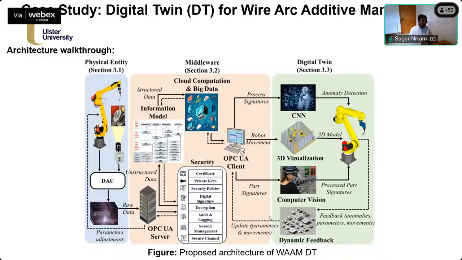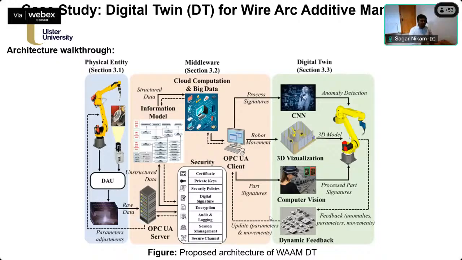In the physical entity layer, a robotic WAM setup is equipped with sensors and a data acquisition unit. The data acquisition unit can be vision sensors like a camera, or a thermocouple, an air camera, etc. This helps collect raw data, including arc characteristics, thermal profiles, or different images. This data supports monitoring and allows parameter adjustment to control the deposition quality.